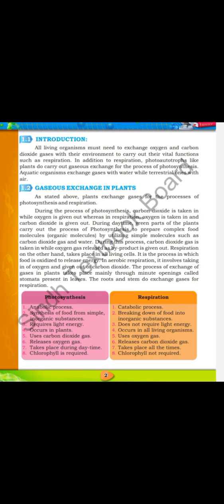So dear students, all the living organisms need to exchange oxygen and carbon dioxide gases with their environment to carry out their vital functions such as respiration.